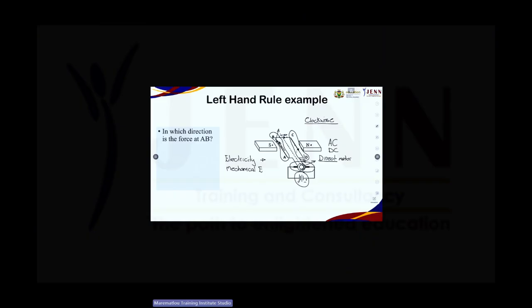This component here is called a carbon brush. A carbon brush, the function, we are going to learn more about that with the generators.